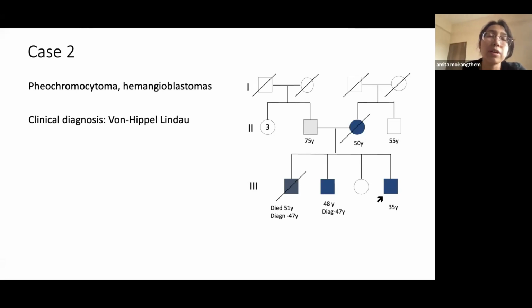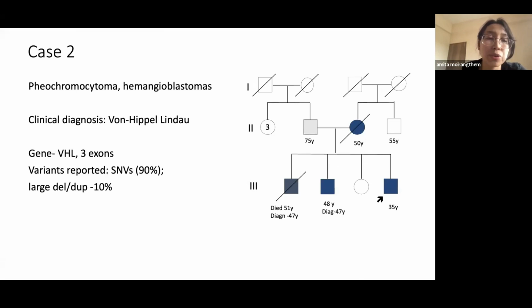Von Hippel-Lindau, or VHL, we all know, is caused by one gene only, the VHL gene, and it is a very small gene which has only 3 exons. Exons, I hope everyone knows, are the coding parts of the gene which are translated into proteins.